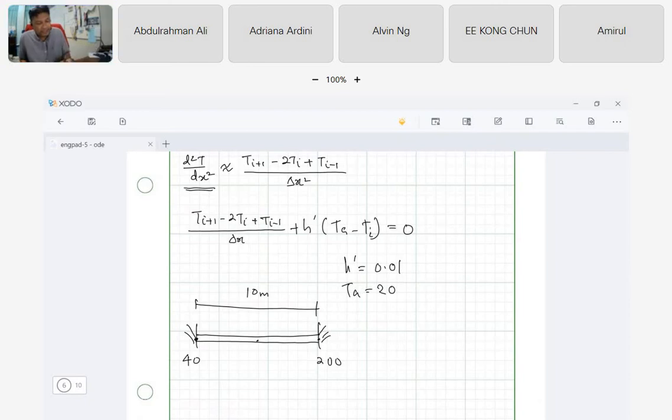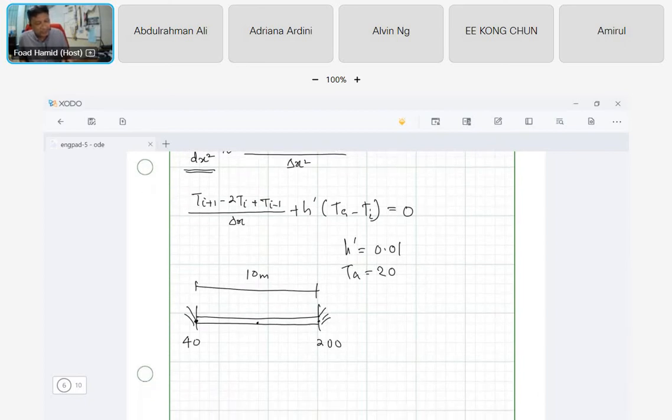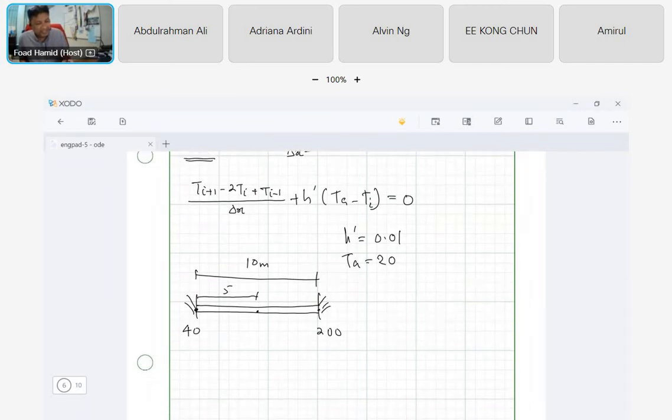Can I find this one? Note that in this case, this is 5 and 5, 5 and 5, so I can just use this equation. Let's say this is node 0, node 1, and node 2.